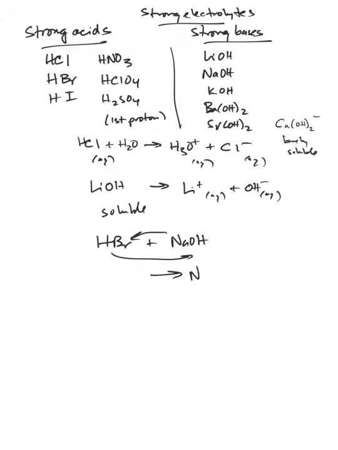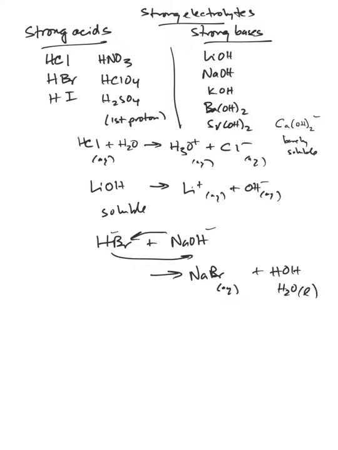And look what happens. So if I take sodium with bromide and then I look on my solubility table, I'll get NaBr, which is soluble. The cation from the acid and the anion from the base basically form water, and we write that just as a liquid.